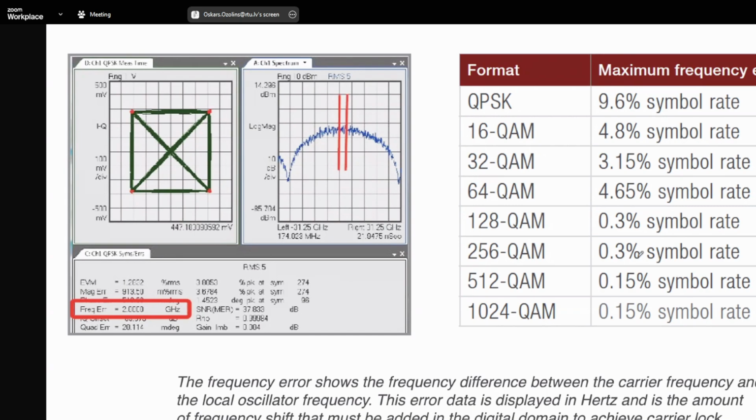These are just some calculations as an example. I don't say that all these values match exactly if you have a practical system, the numbers could be different, but the general trend is that it's more stringent with higher order modulation formats, right?